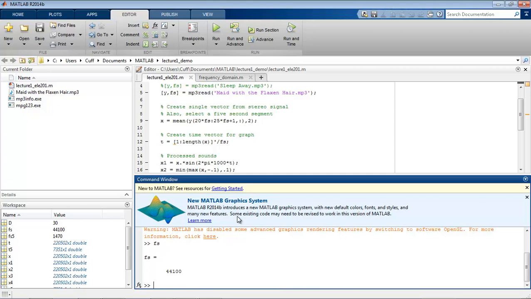Does anyone recognize that number? Roughly? Yeah, for CD, for example. So CD audio is recorded at this frequency. And there's a reason for it, roughly a 40 kilohertz frequency.